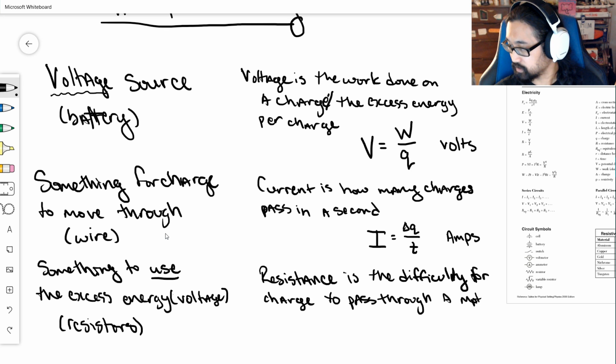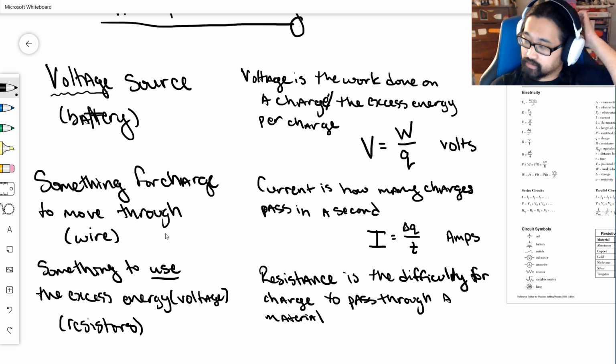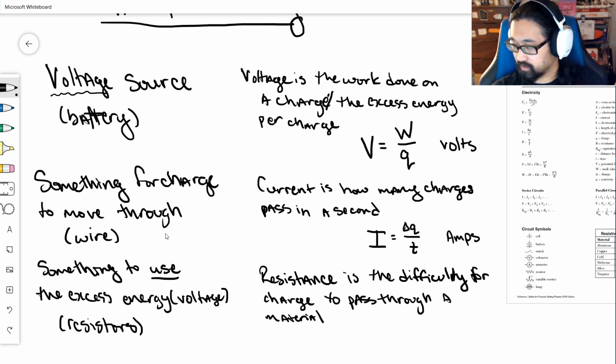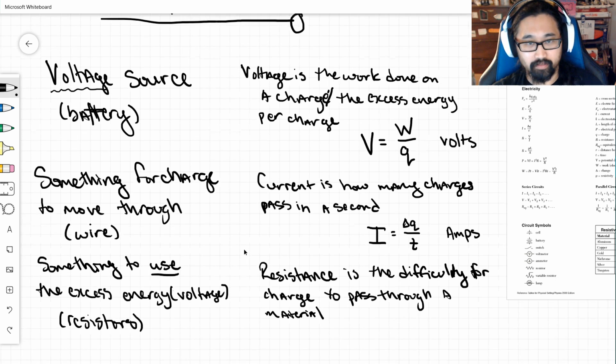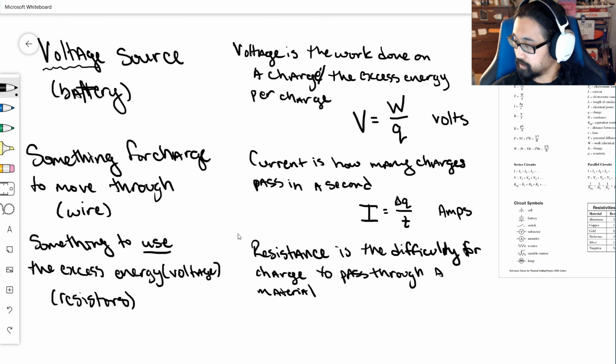I'm gonna put that word down here. Right? And how this works out, what resistance ends up being: resistance is voltage divided by current.